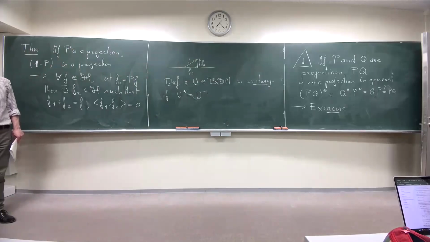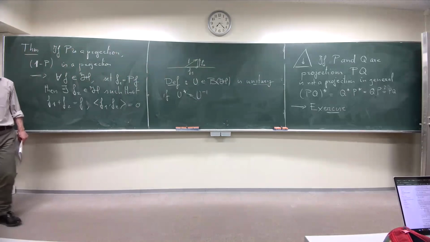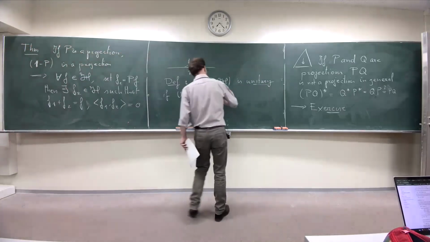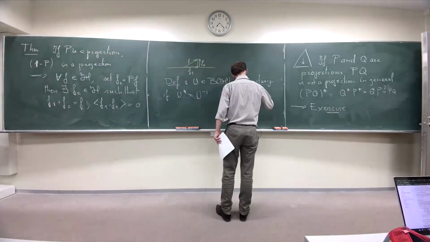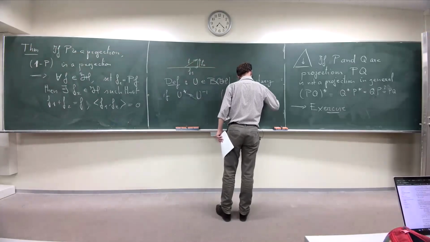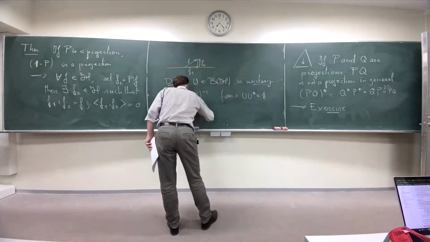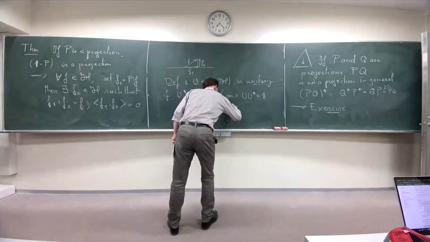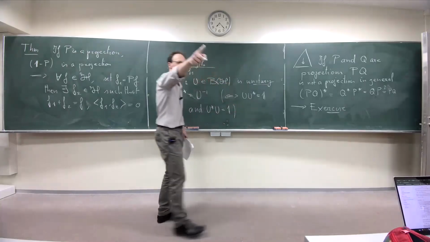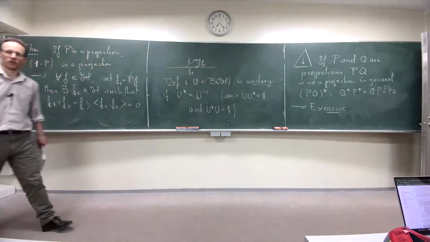So it means the adjoint always exists, but it means this U is invertible and its inverse is equal to U star. By the way, this is equivalent to U U star is equal to 1 and U star U is equal to 1. Be careful, you cannot only assume one condition.